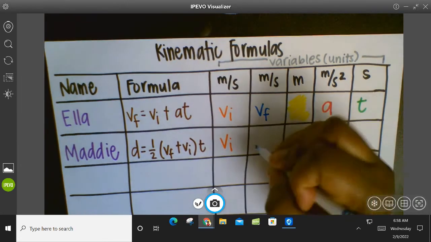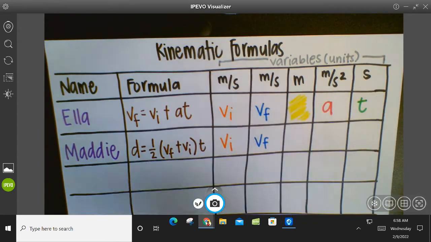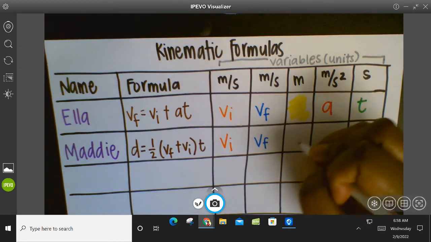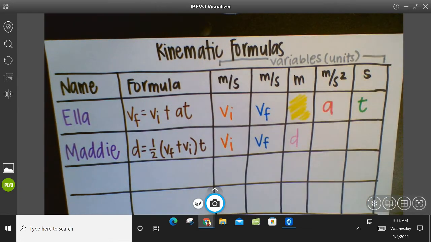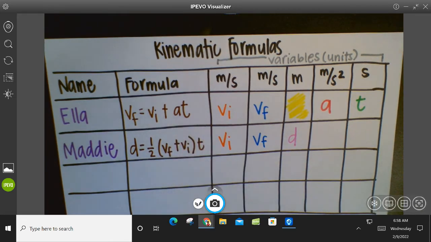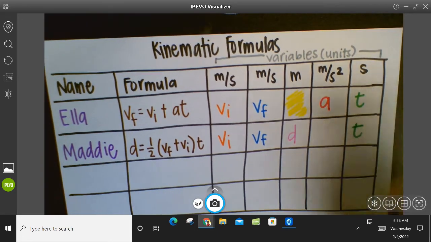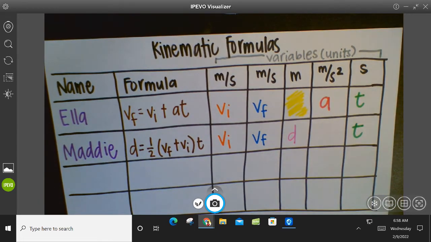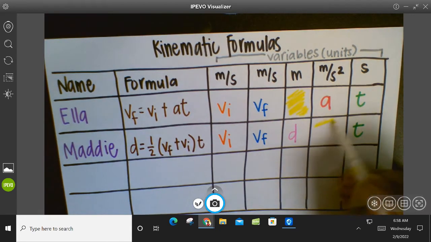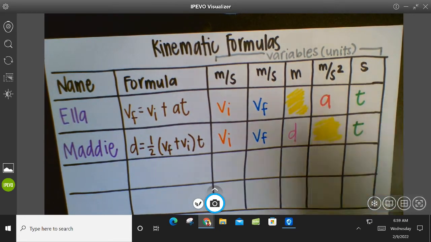So I'm going to write that in my table as well. I have distance, which is in meters. So I have distance, and we're going to make that pink. All right. I do not have acceleration, but I have T for time. So I'm going to label all of these. Acceleration, I am not given. So once again, I'm going to shade that in.